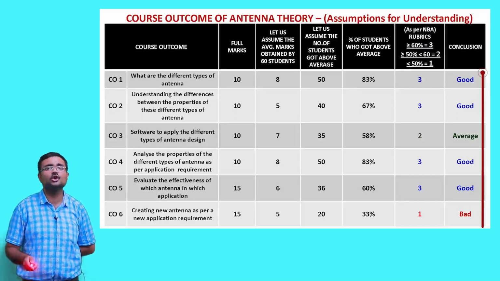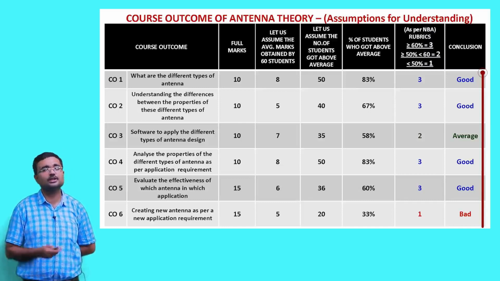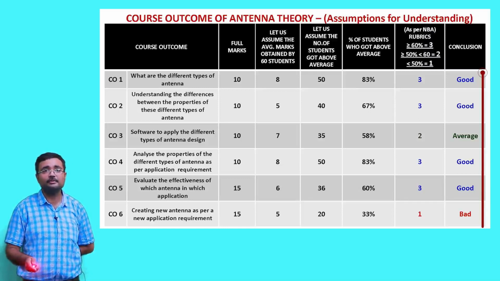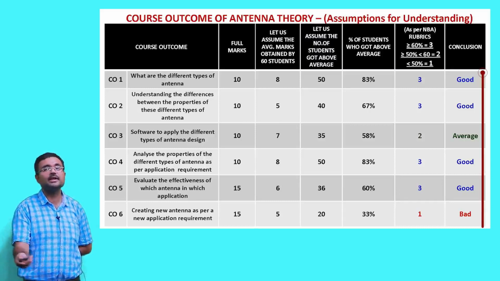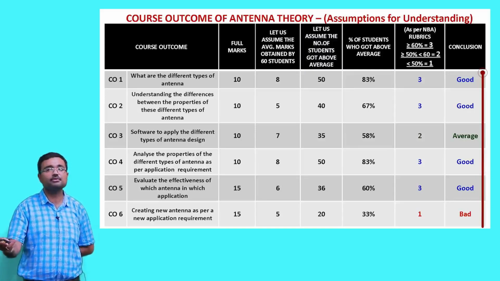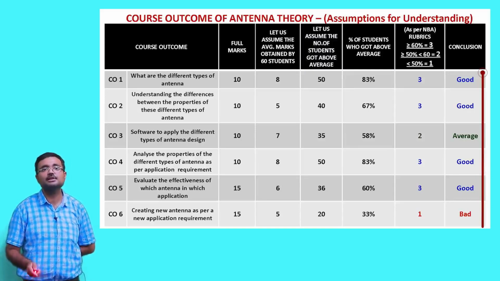The other COs are good, so nothing to do with them. The teacher has covered that well, students have understood well, but these two parts are not well attained and improvement is needed, maybe from the teacher side, maybe from the student side, but improvement is definitely needed in teaching and the students' understanding over there.